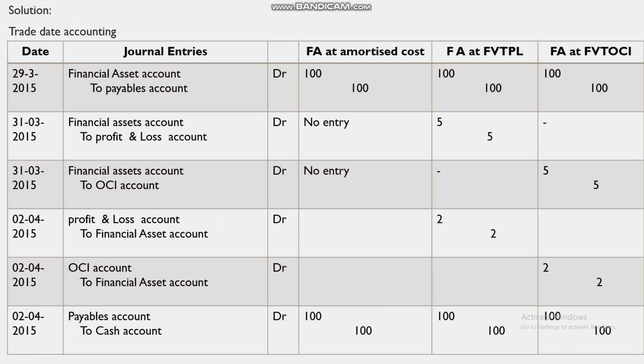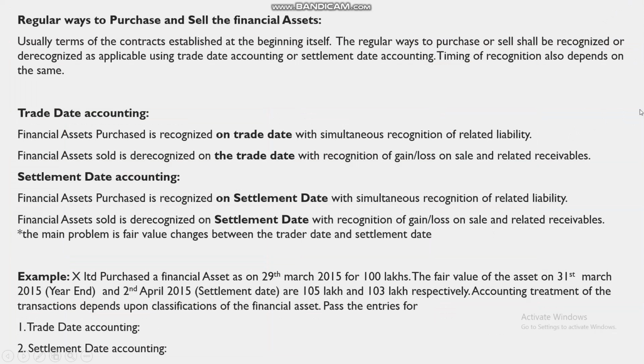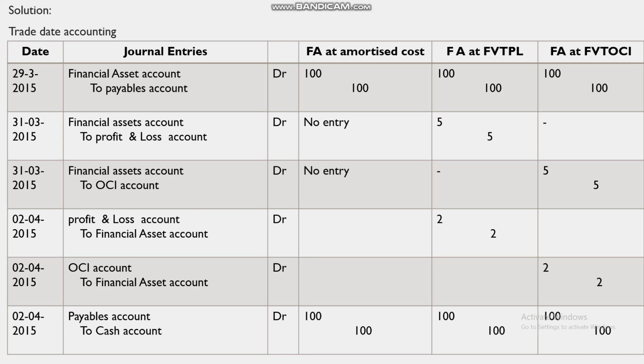Let's go for the entries. Here I have categorized the entries in three ways: financial assets at amortized cost, financial assets at fair value through profit and loss account, and financial assets at fair value through other comprehensive income. Here it is a purchase, that's why it is an asset.